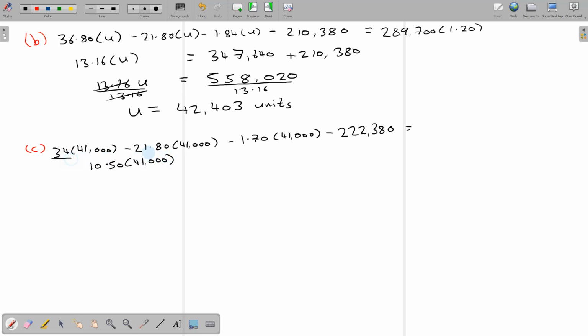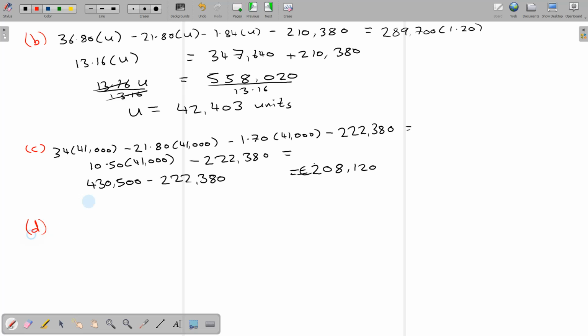I've just merged all of these together. Now you could easily just put that in your calculator. So that's 430,500 less 222,380, which is €208,120. So yeah, that's that, no worries. There shouldn't be too much of an issue there.